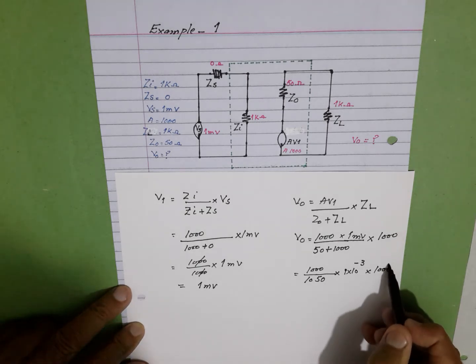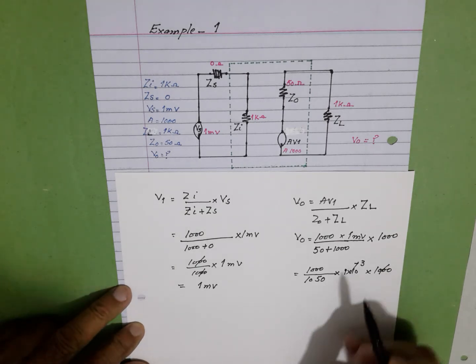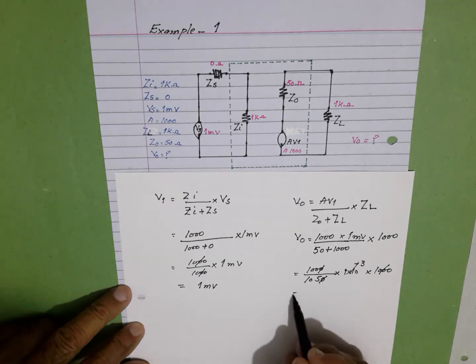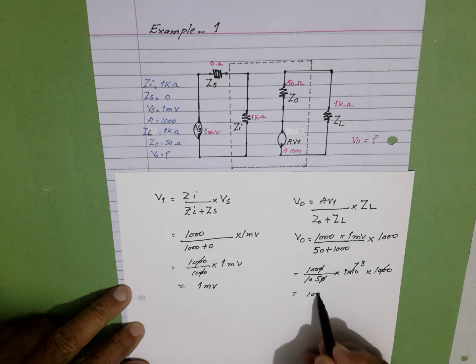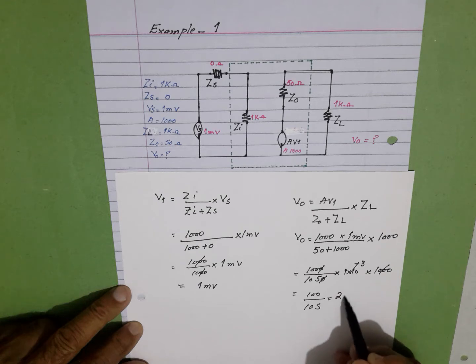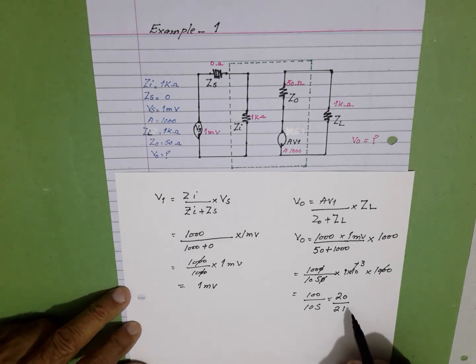Now this 1000 cancels with this, and this 0 cancels with this 0. We are left with 100 over 105, or 20 over 21, since 5 times 20 is 100 and 5 times 21 is 105.